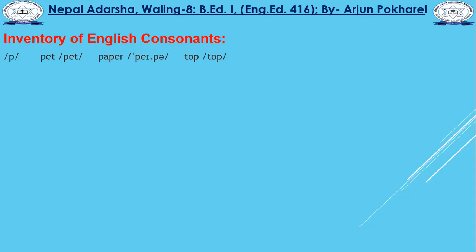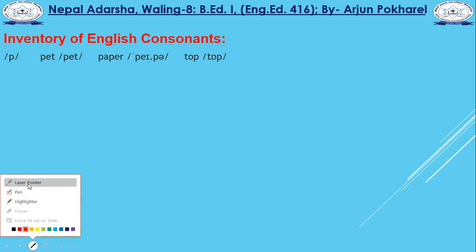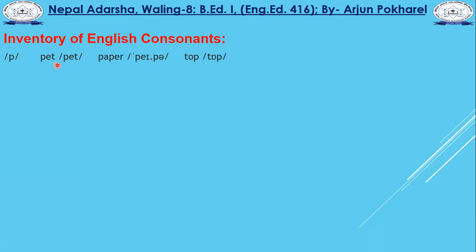Now say pa. For example, the pa sound is used initially in pet. Paper: here the initial pa, and also the middle pa is here, in middle position as well. Here is pa, in paid.